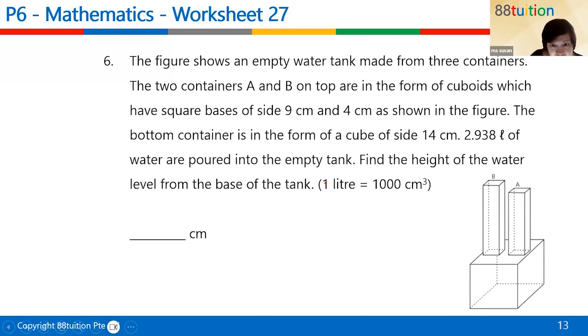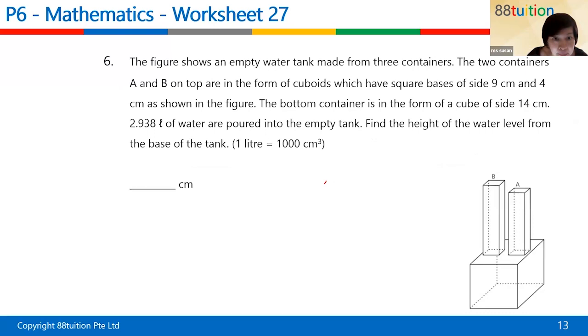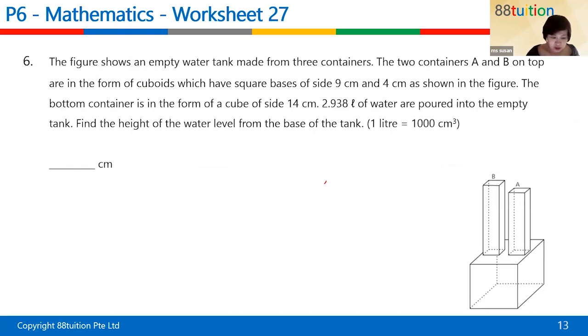Two containers, A and B, have a top in the form of a cuboid with a square base.